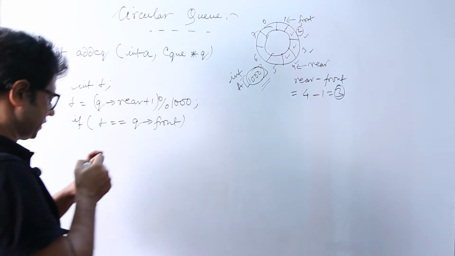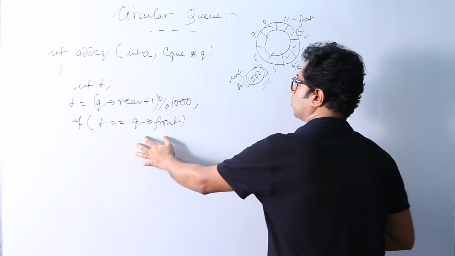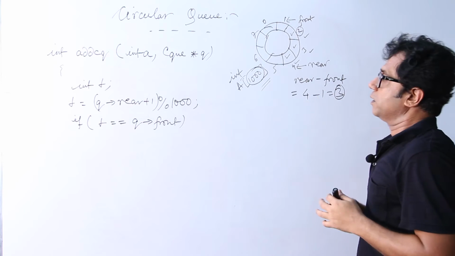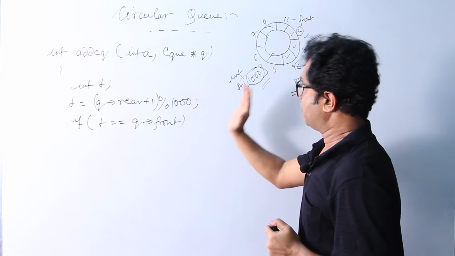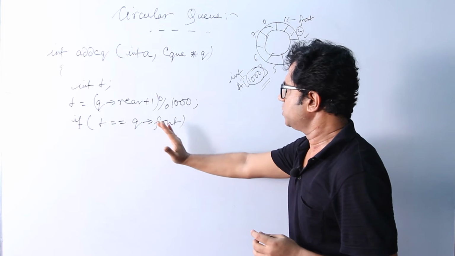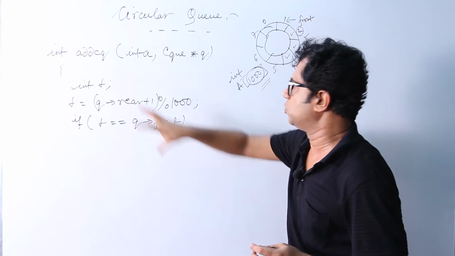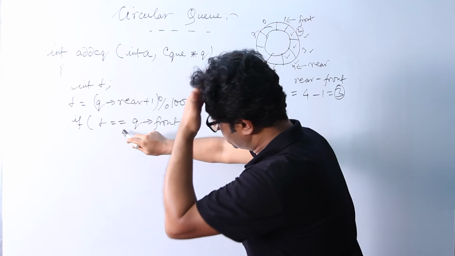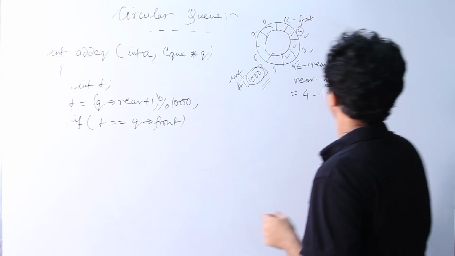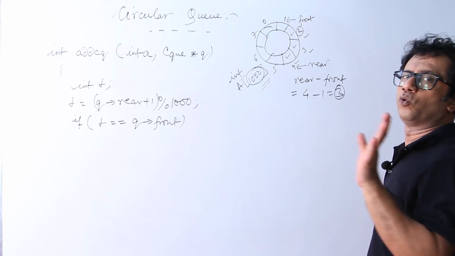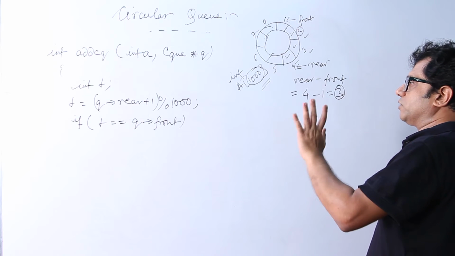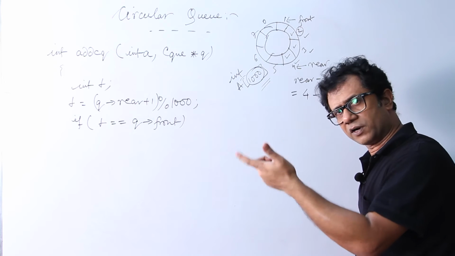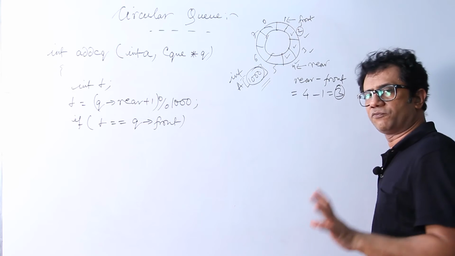If t becomes equal to q front, that is, we are going to add an element to the q, and this condition holds, then it is nothing but the q full condition in which we will not be able to insert any further element to the q because the q is already full.